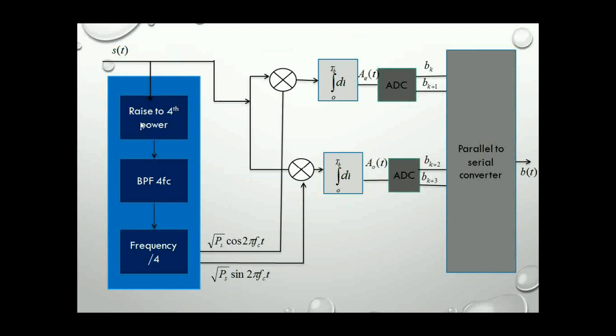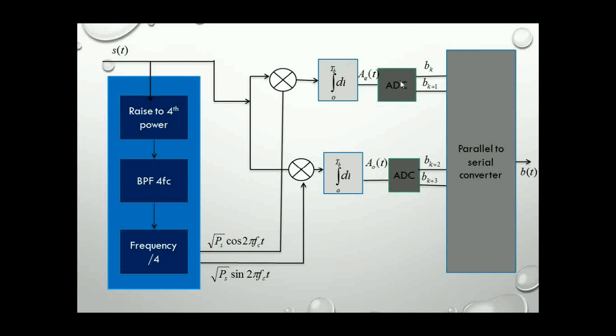So the received QAM signal is applied to the blue colored part, wherein the carrier signal will be extracted, that is square root of Ps cos 2 pi FCT and square root of Ps sin 2 pi FCT. Since it is coherent detection, we need the same carrier that we used in the transmitter. So S of t is simultaneously applied to two correlators in order to generate AE of t and A0 of t.